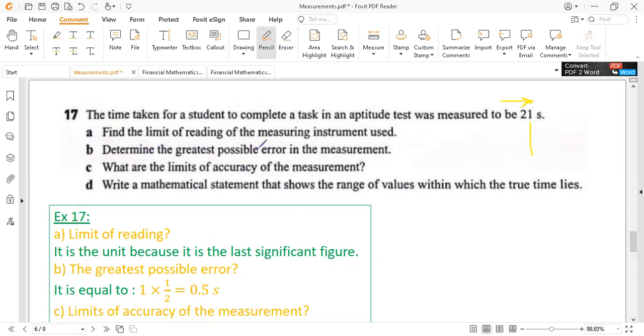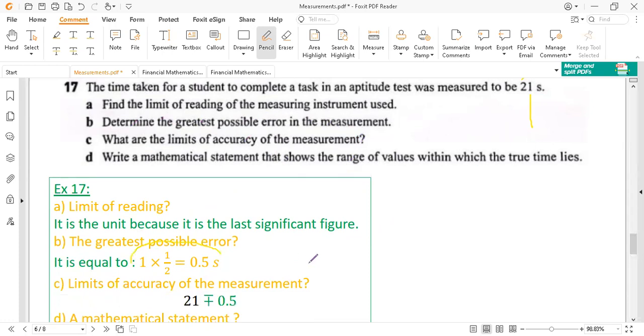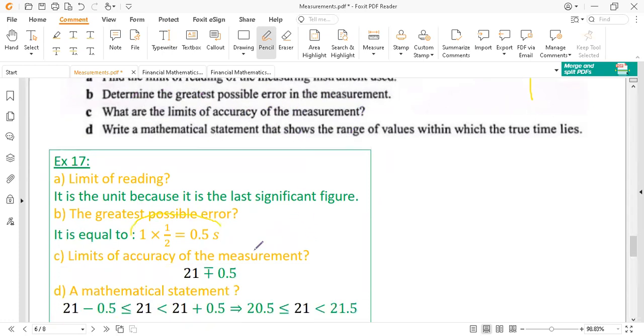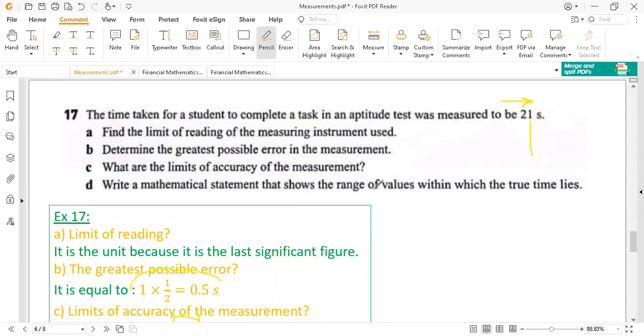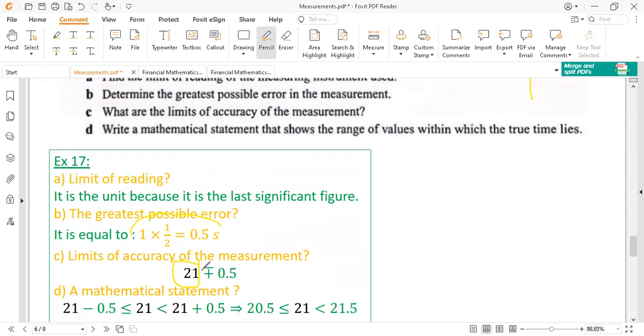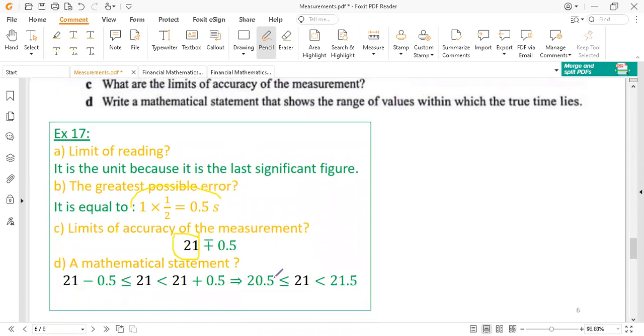How to determine the greatest possible error in the measurement? It is half of the unit, 0.5 seconds. What is the limit of accuracy? It is the original time, 21 seconds, plus minus 0.5, the greatest possible error.